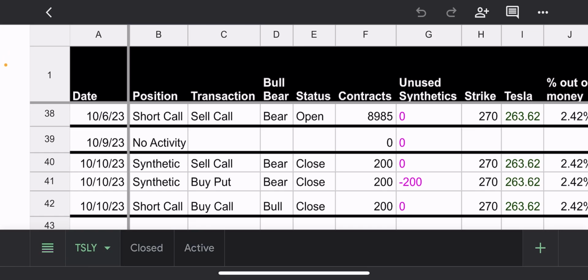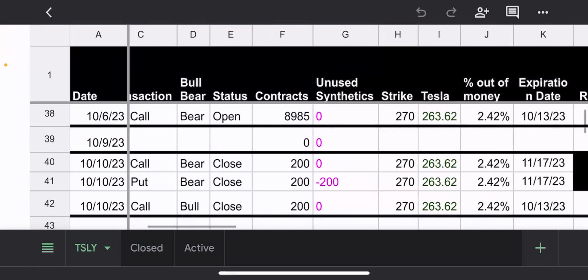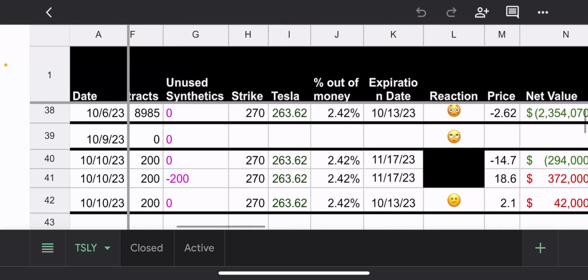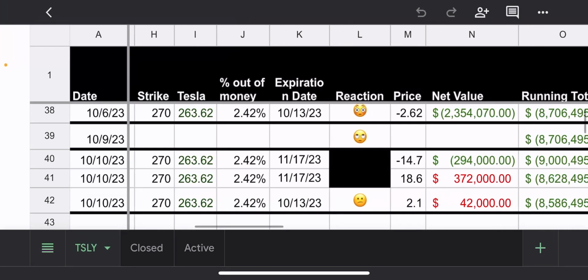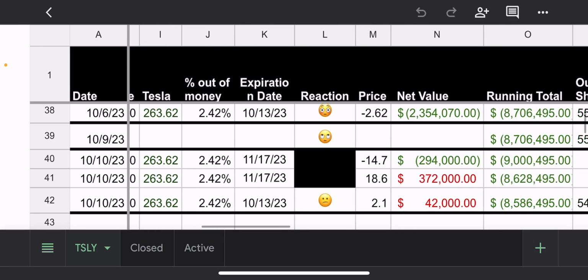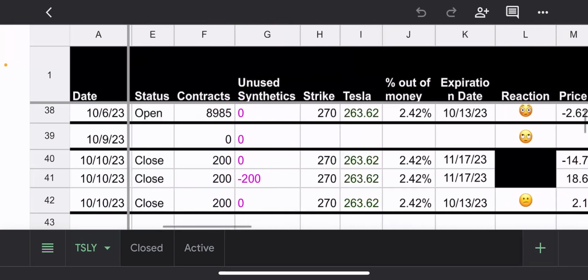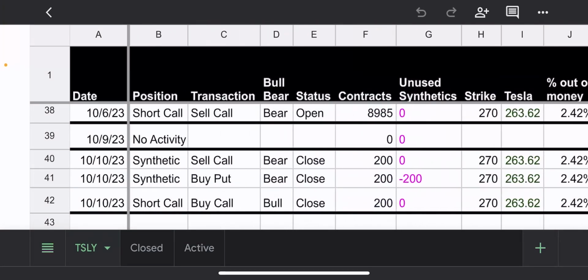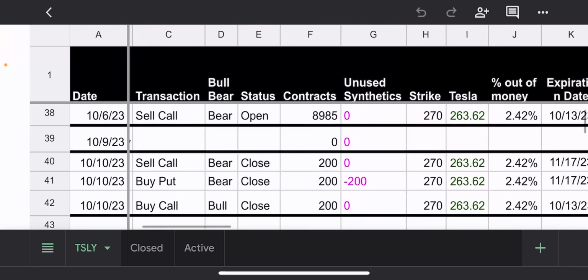So, but how does that reflect in the price? And as mentioned, the synthetic expires November 17th, which is coming up, and the short call expires this Friday. So when you sell the call, again, sell the call to close, buy the put to close. Feel free to correct my terminology.